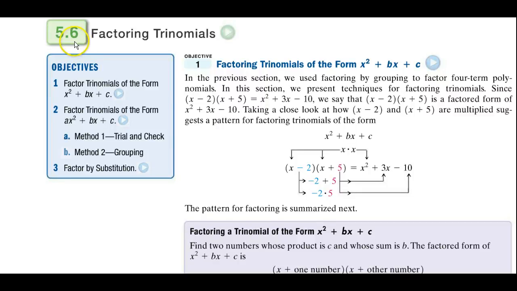Going into section 6 of chapter 5, this is where all of what we've done this term is coming to closure.